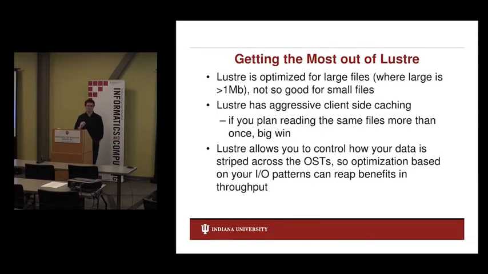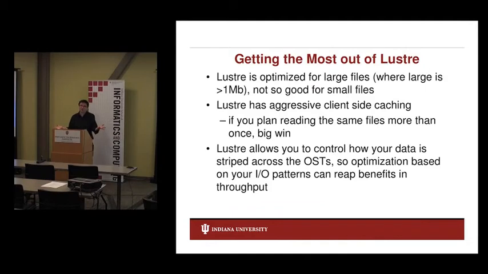So if I've sold you on using Lustre, here's how to get the most out of it. Lustre is optimized for large files, and we have a 1 megabyte block size, so we consider large files anything larger than 1 meg. What this means is if you write a 4K file, you're really writing 1 meg, so you might as well take advantage of that and write the full 1 meg.